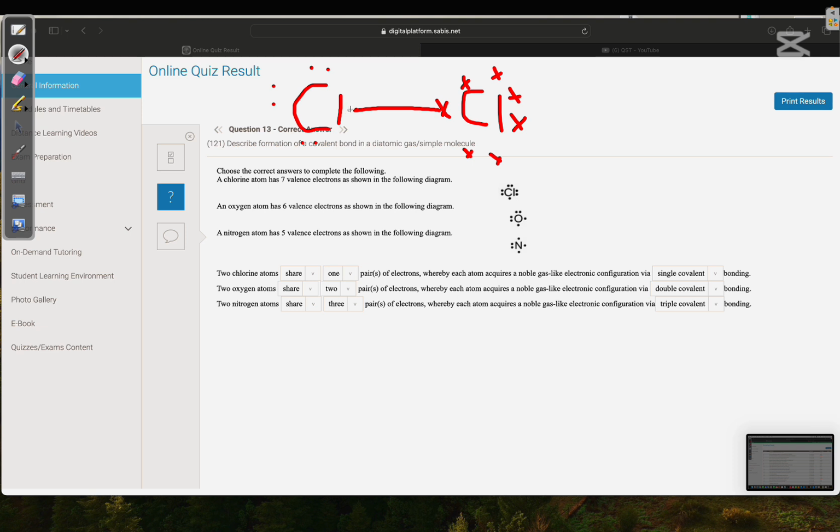So now this one will have 1, 2, 3, 4, 5, 6, 7, and 8. And then the other one, the one with X, has 8 electrons as well. This is a single covalent bond.